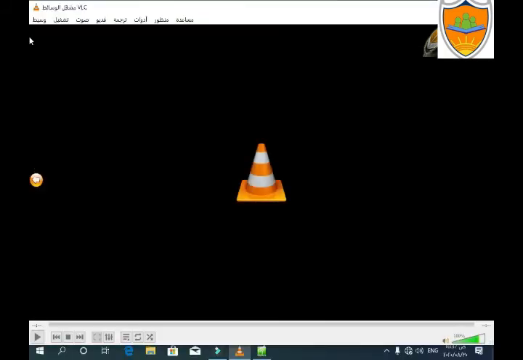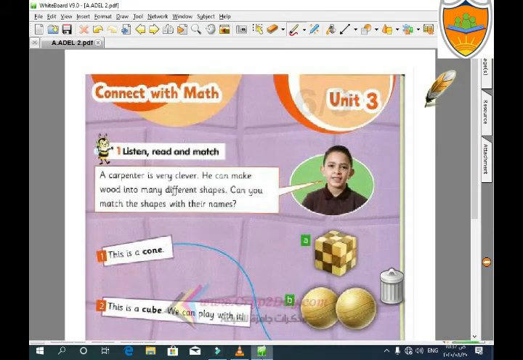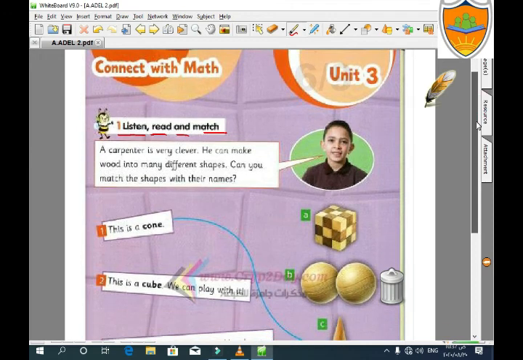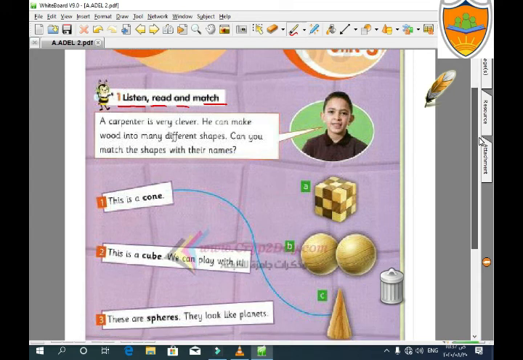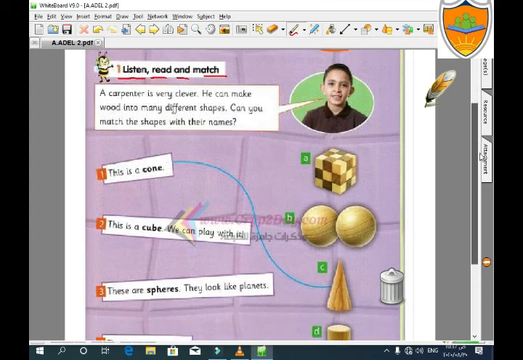Now let's move to the book. Listen, read, and match. A carpenter is very clever. He can make wood into many different shapes. Can you match the shapes with their names?